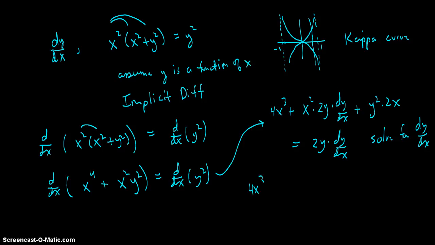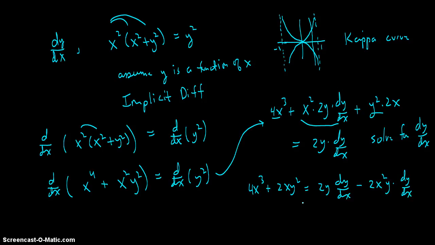So 4x cubed plus 2xy squared, that's the first and third terms on the left, I'll leave them there. And on the right, I'll leave the 2y dy/dx there. And this middle term that was on the left, I'll put that on the right. So it's going to be minus 2x squared y times dy/dx.